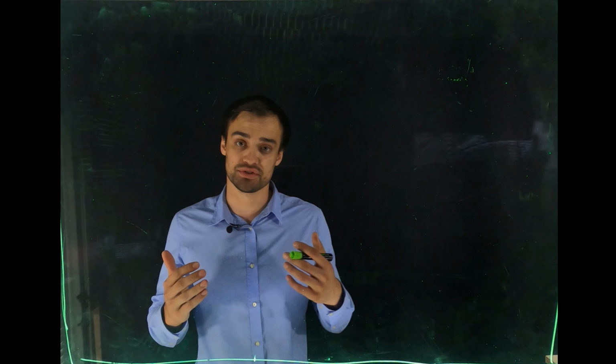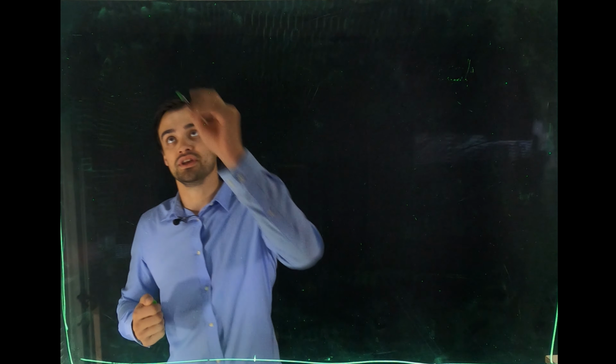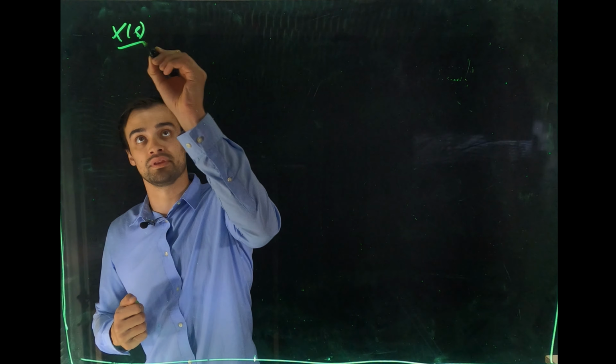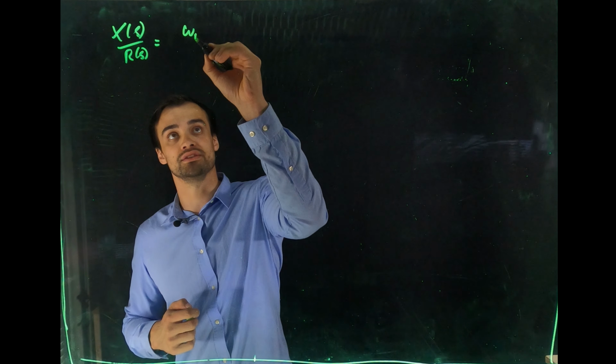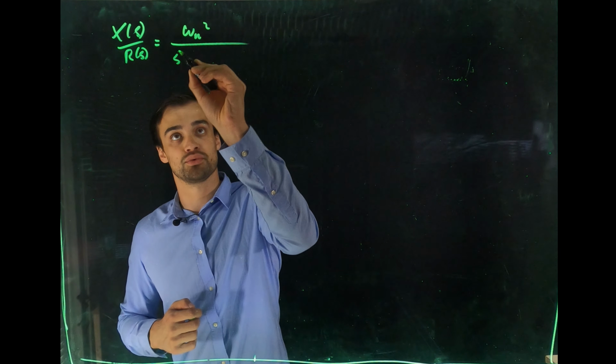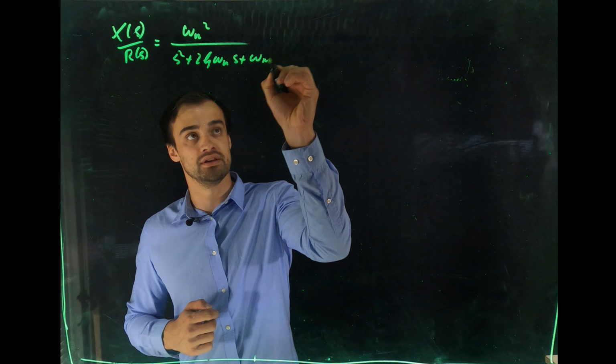Now I want you to focus on the example with which we dealt last time, which is the second-order system where the output over the input can be defined as omega n squared divided by s squared plus 2 zeta omega n s plus omega n squared.